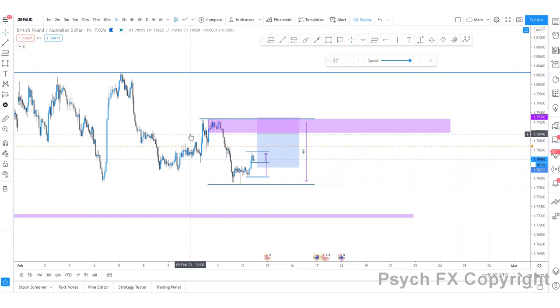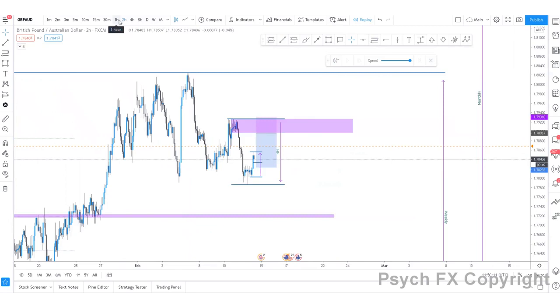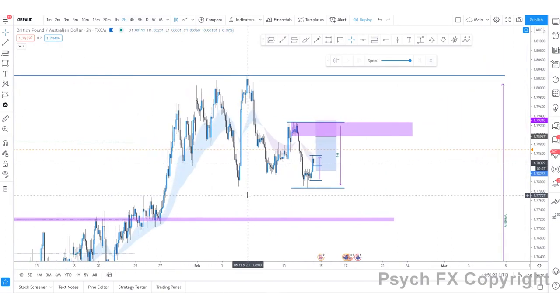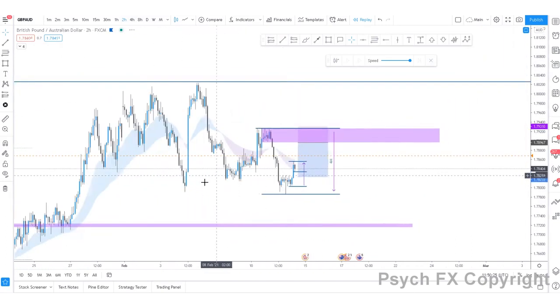I hope that's helped you to get a clear understanding of how you can detect bias besides the EMA cloud. Now, the benefit of doing this instead of the EMA cloud is that, as with most indicators, the EMA cloud lags quite a bit. And so you're going to get caught on the wrong side, not necessarily more often, but it can sometimes lead you astray.